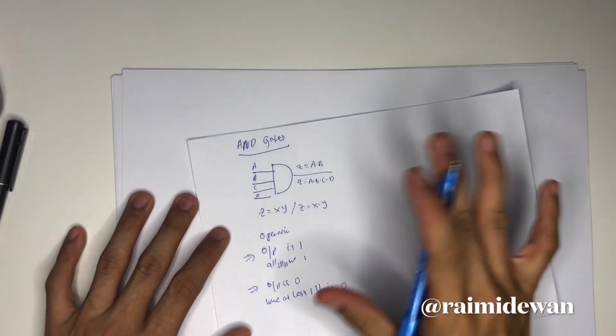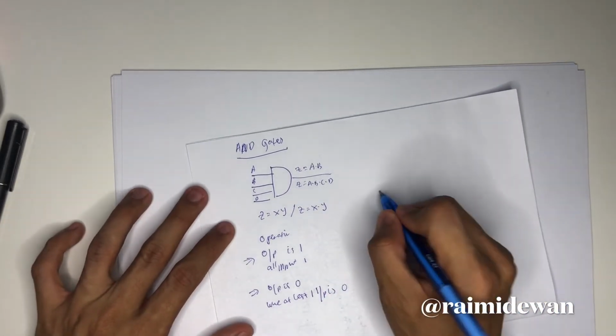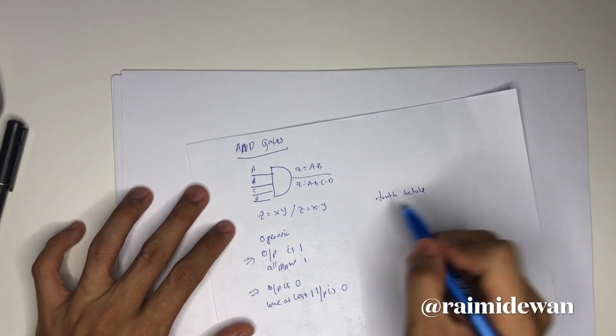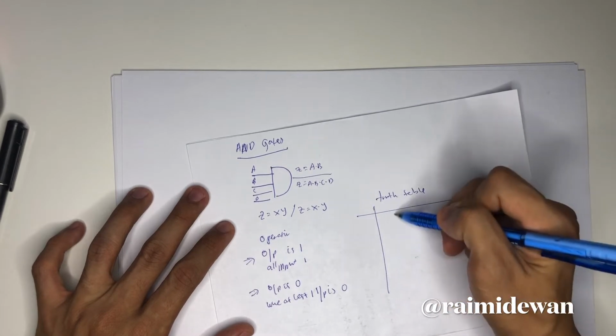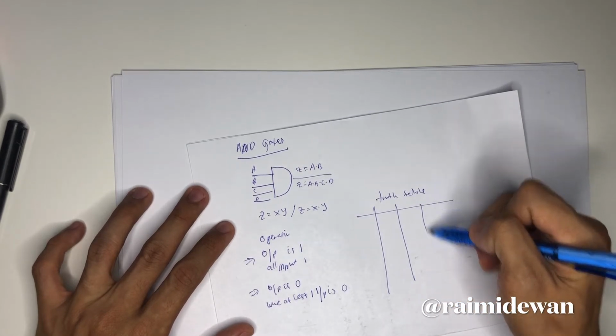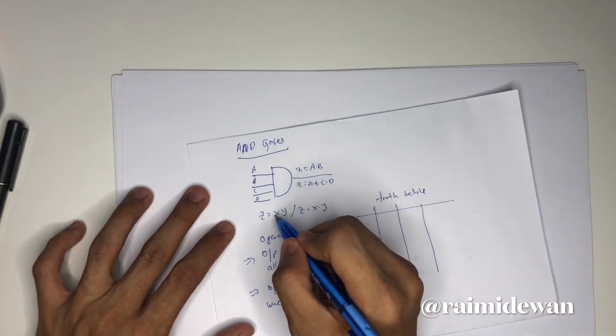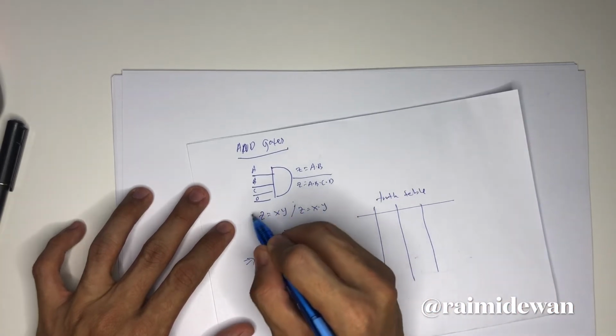So what is the truth table? Sorry, this is the general formula.